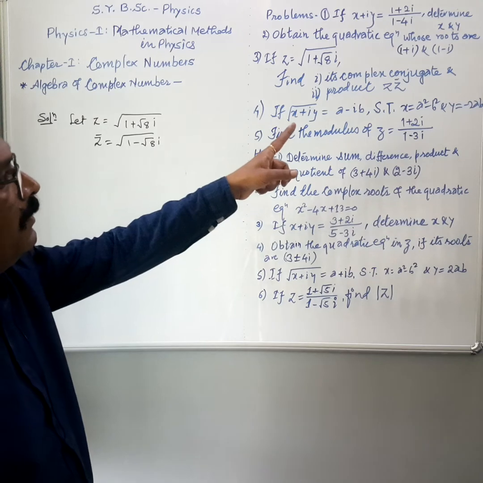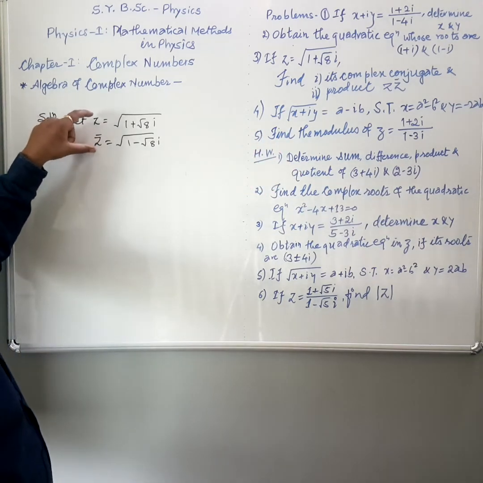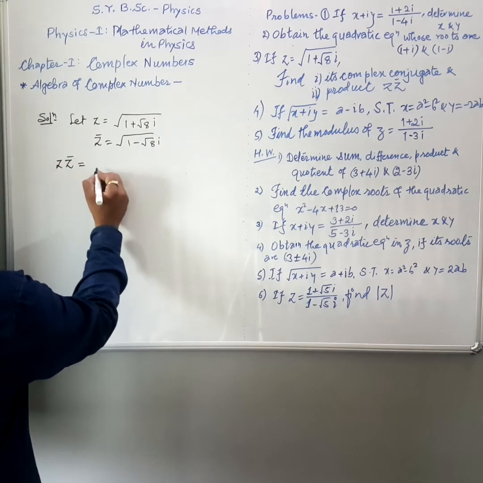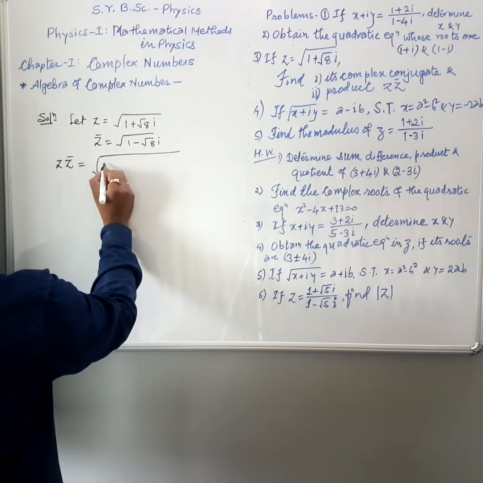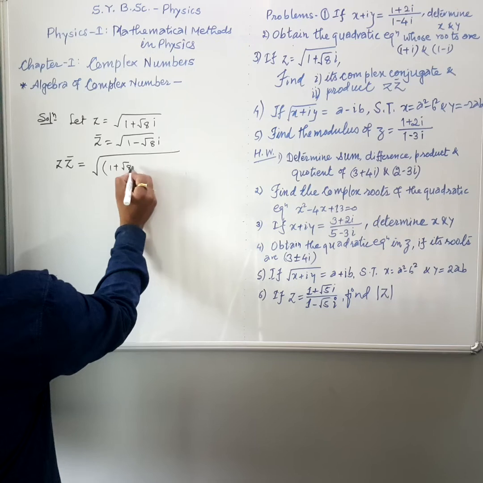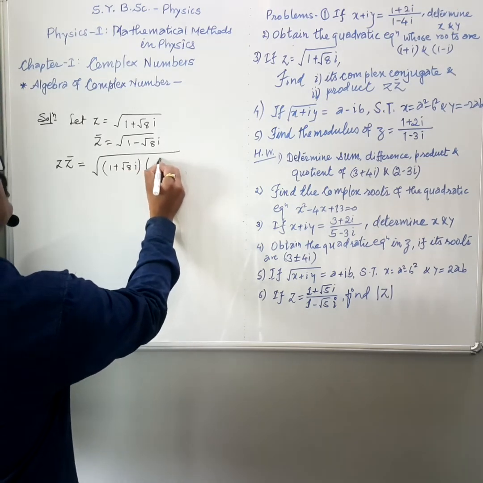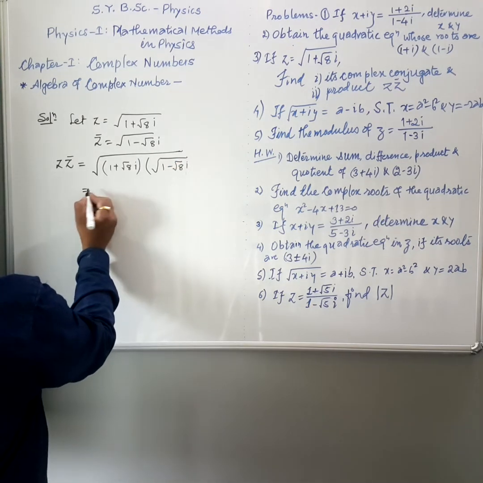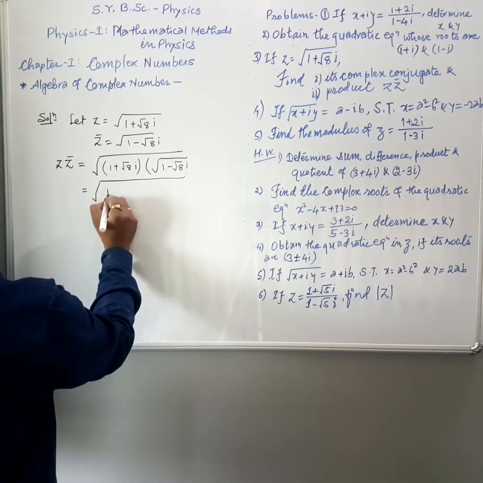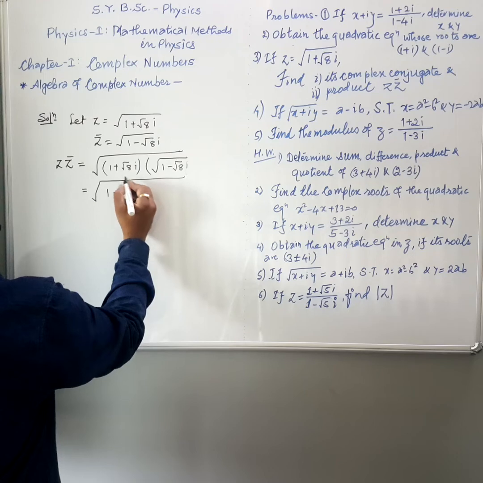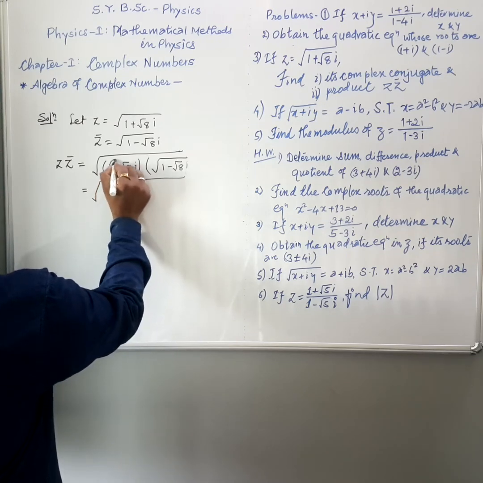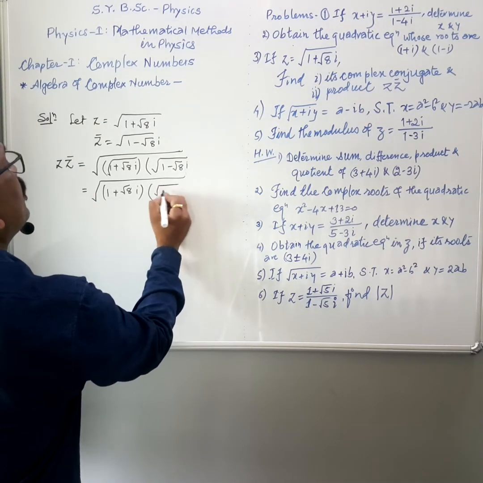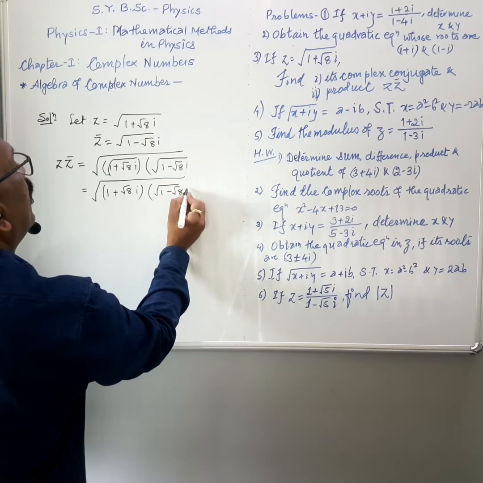Then the product z z bar, that means we have to take the product of these two terms: z into z bar is equal to the first term, 1 plus root 8 i, into the second term, 1 minus root 8 i.